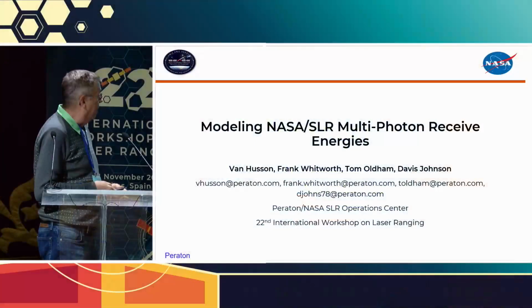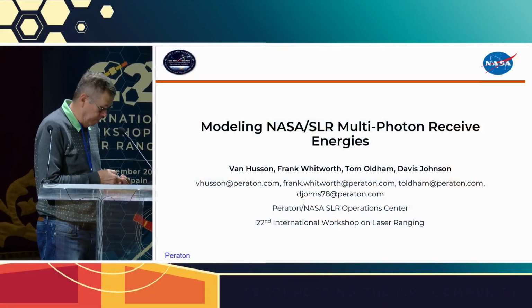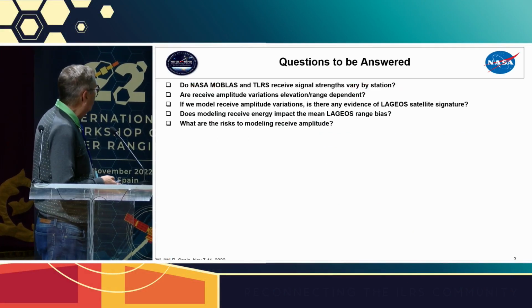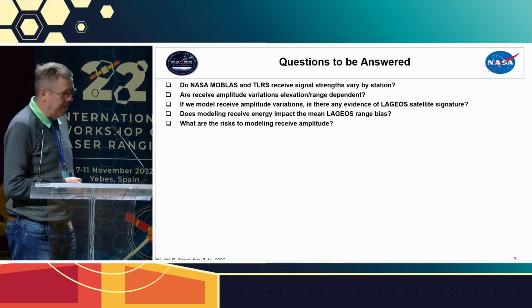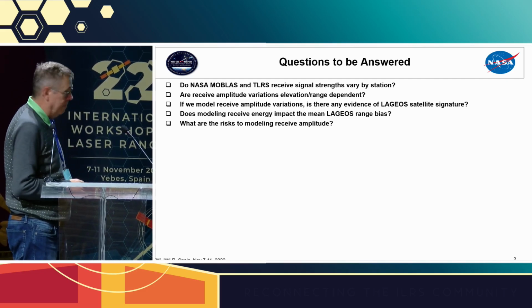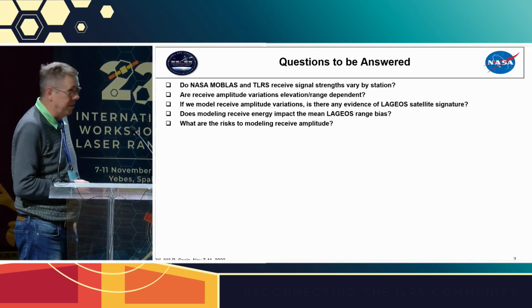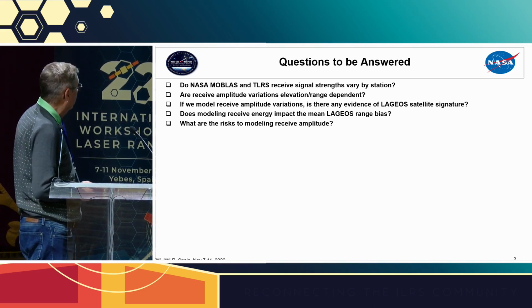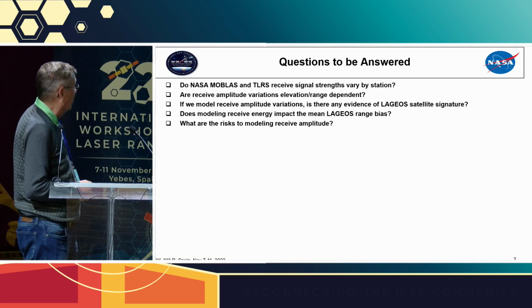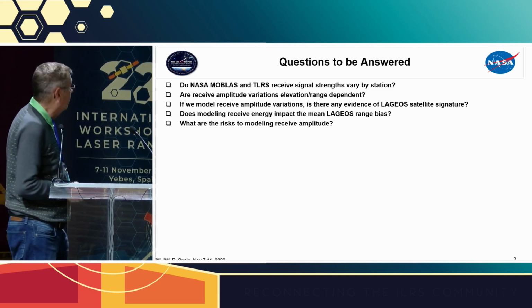So my talk is on modeling NASA SLR multi-photon receive energies. I hope to answer some of these questions during my presentation. First question: do NASA MOBILES and TLRS receive signal strengths vary by station? Second: are receive amplitude variations elevation dependent or range dependent?